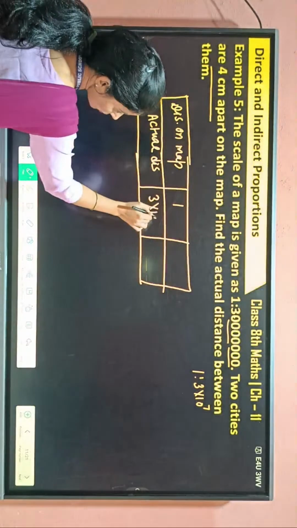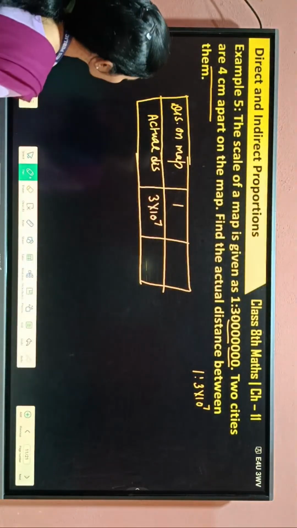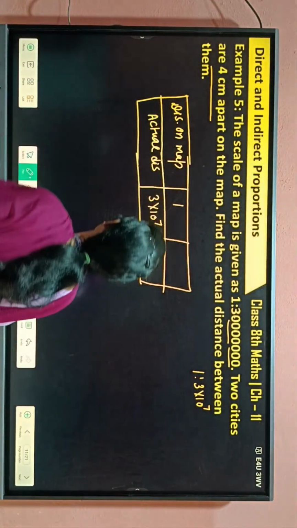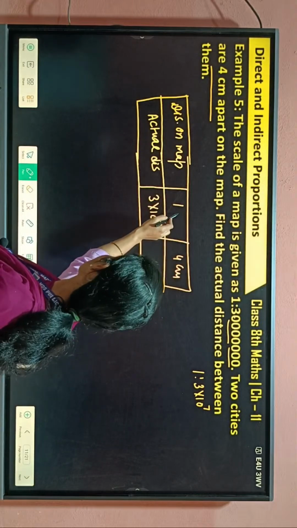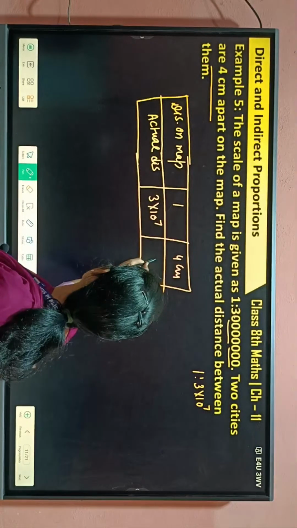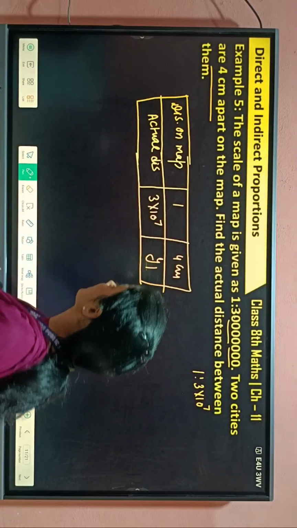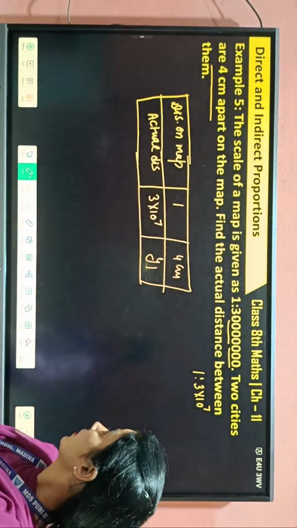We can write 3 into 10 raised to power 7 and this is 4 centimeter apart. 4 centimeter, this is 1 centimeter distance, and we need to find out actual distance.